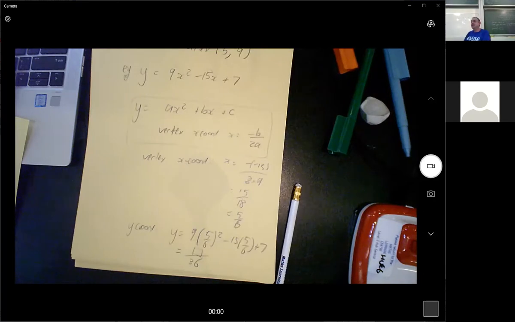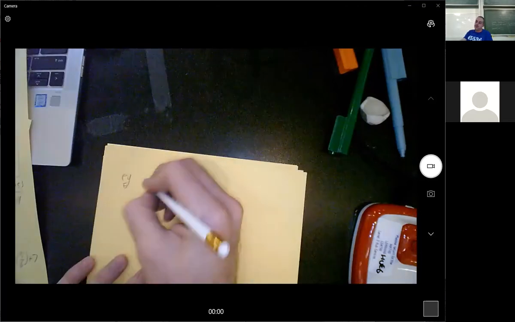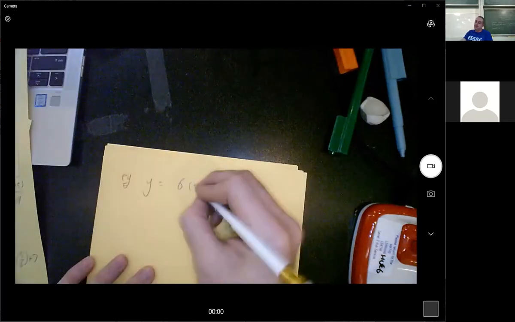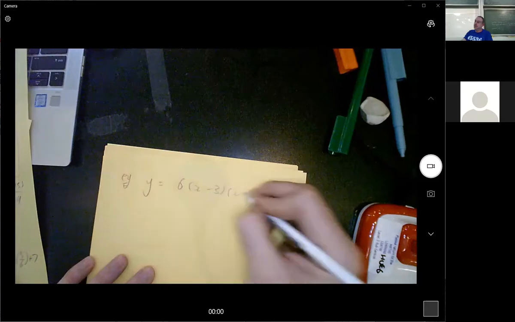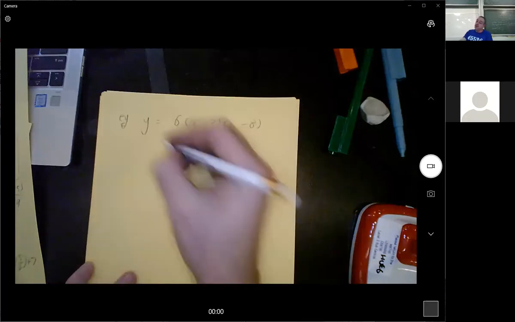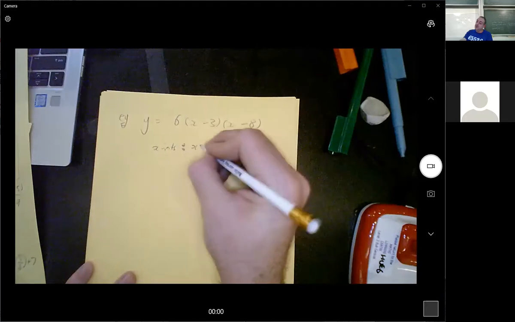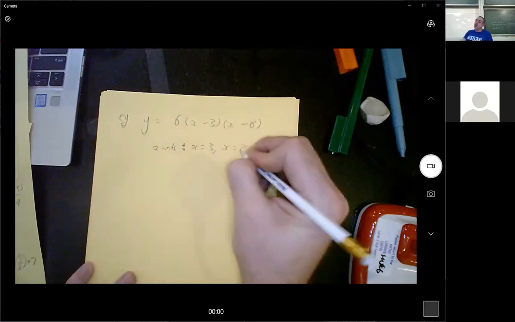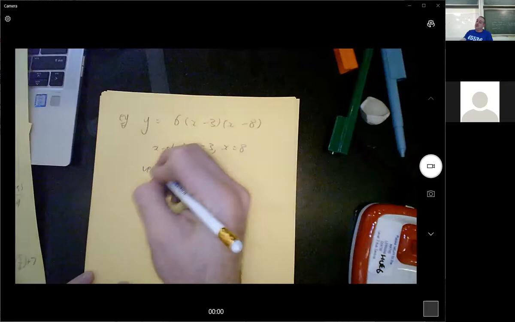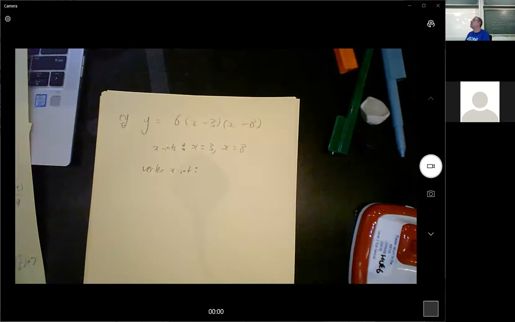Okay. All right, and what if it's in factorized form already? For example. So I know what the x-intercepts are. The vertex x-coordinate is always halfway between the two x-intercepts.